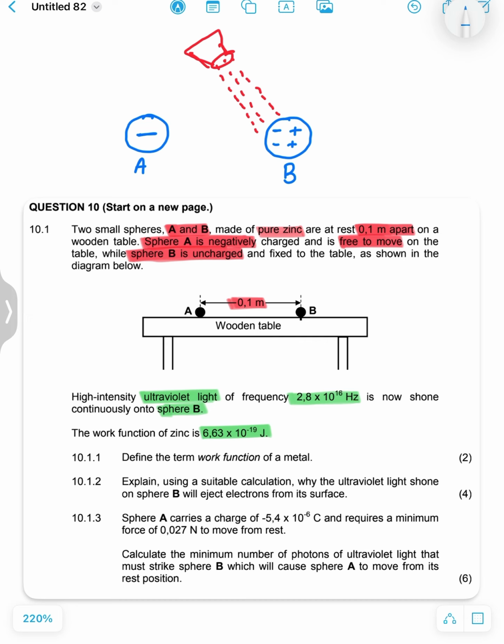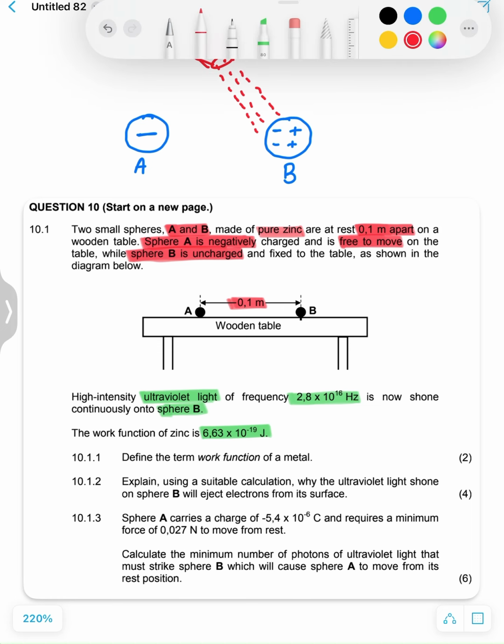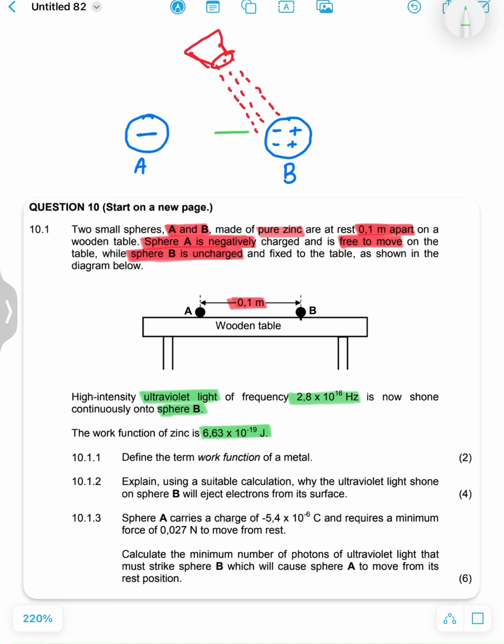So when you use light on sphere B, it's going to eject electrons, and then the electrons will move from sphere B to sphere A.